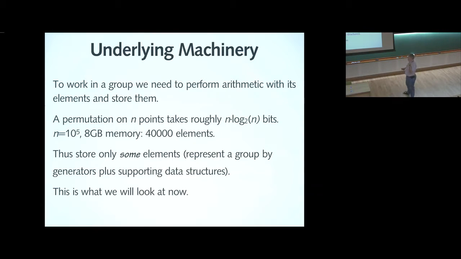Essentially, the main thing which GAP does internally is to store just a little bit of the group and try to do the computations with that. What I will start looking at now is, in some cases, how this is done. The reason I'm doing this is that it helps in understanding why the system behaves in the ways it does.